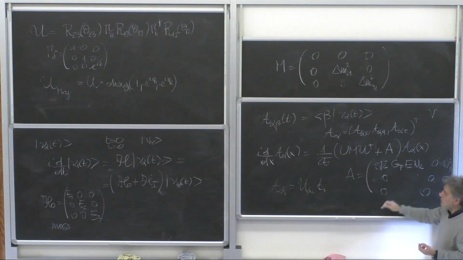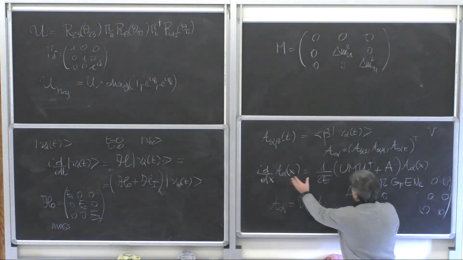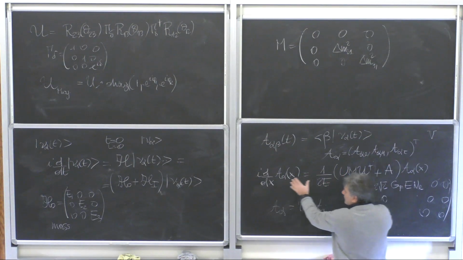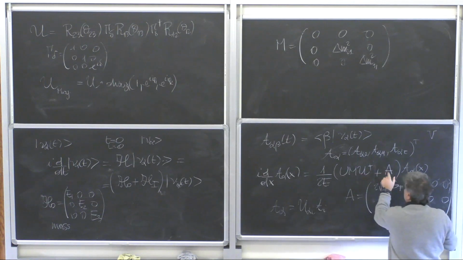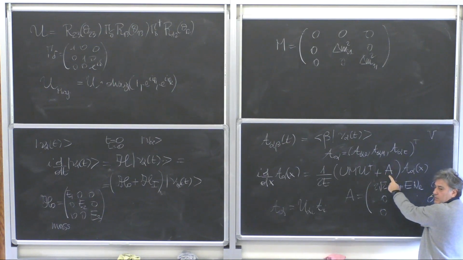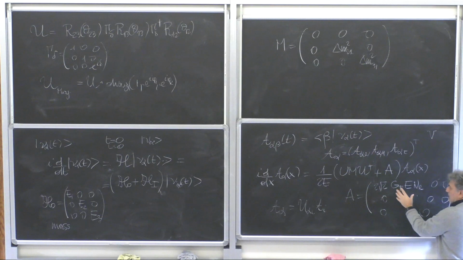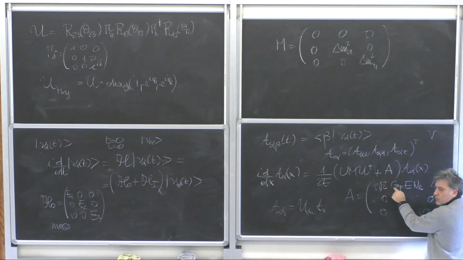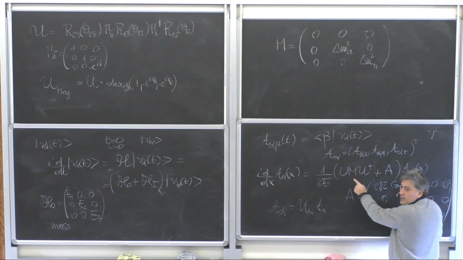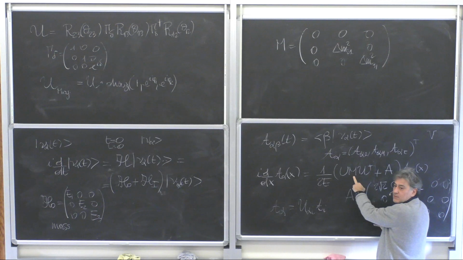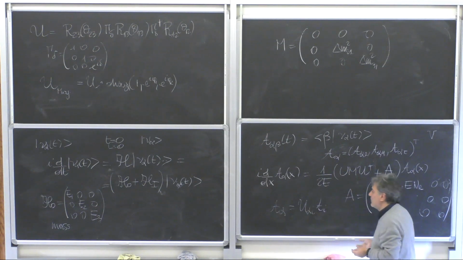So this is the reason why the Hamiltonian in the flavor basis has a diagonal term that is non-zero only for electron neutrinos, plus a non-diagonal term, because in mass the Hamiltonian is diagonal, but not in flavor, and so the U matrix appears.